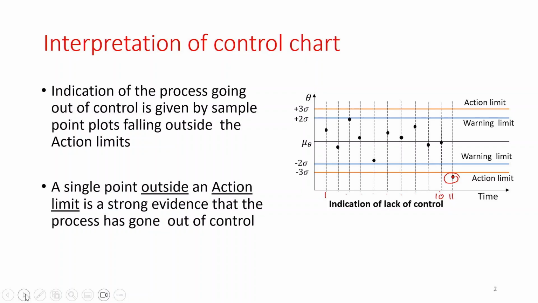But from day 1 to day 10th, the process was under control, and therefore all the points are appearing randomly in between the warning limit, upper warning limit and lower warning limit, and upper action limit and lower action limit.